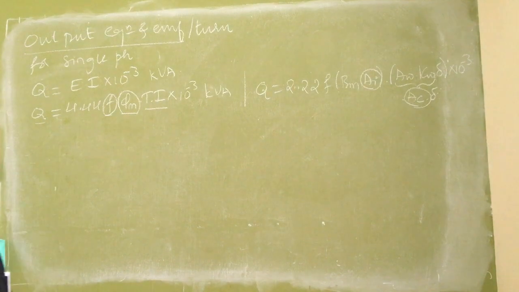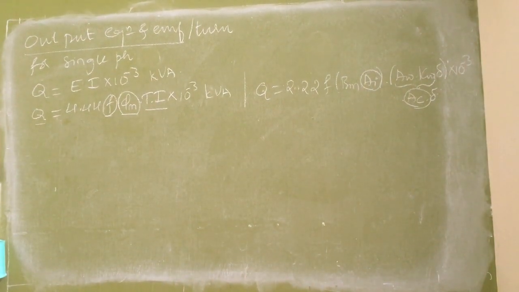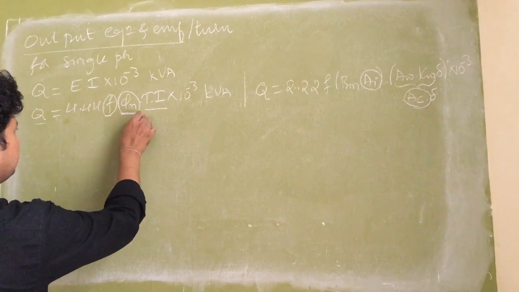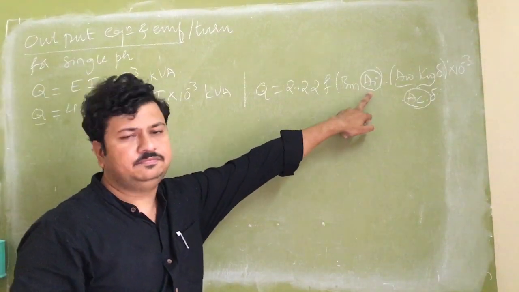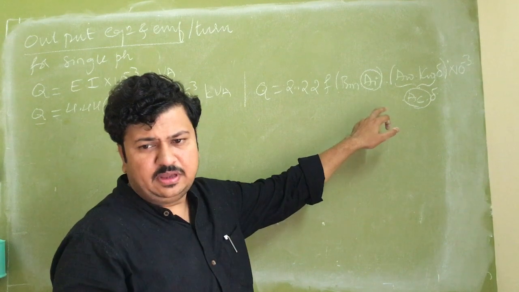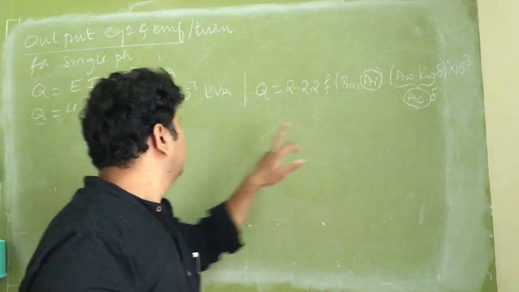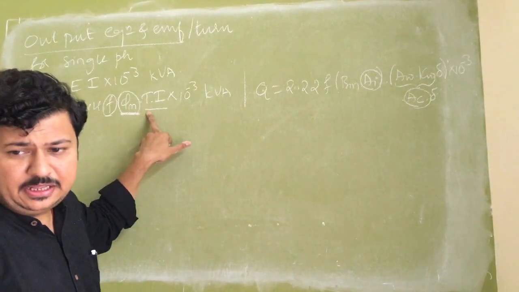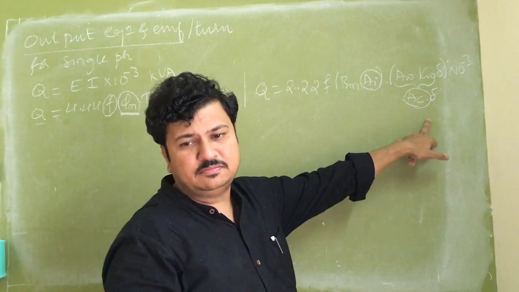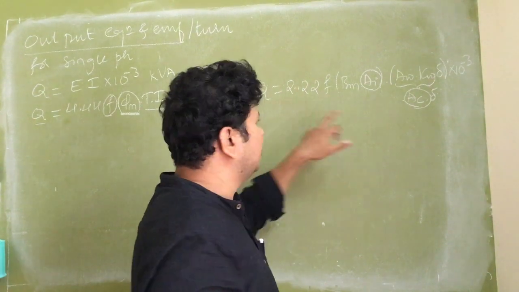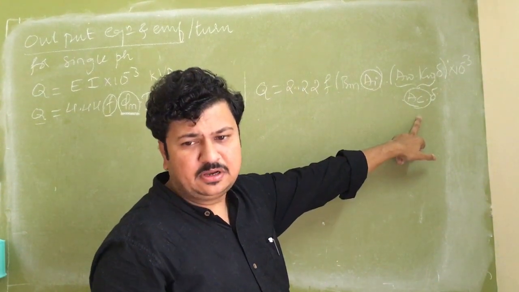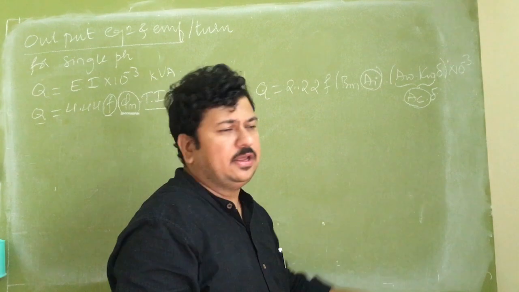But when we interpret it physically or electrically, the flux phi m decides the core area, and the ampere turns IT decide the copper area.